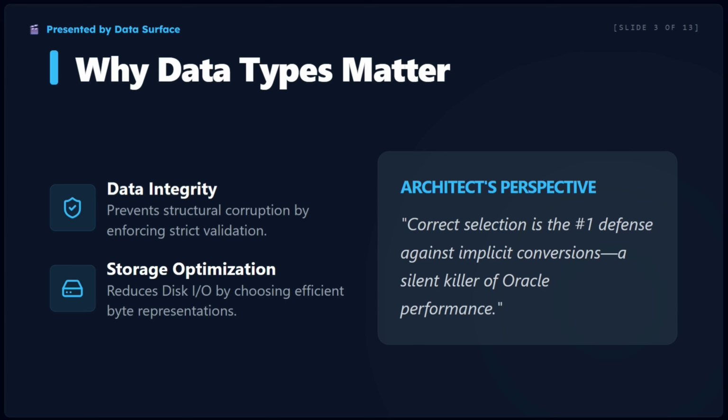Let's see why data types matter first. Think of a database like a smart warehouse. You wouldn't store water in a cardboard box, right? You wouldn't store important documents in a freezer, right? In the same way, SQL needs clear instructions about every piece of data. That instruction is called a data type.